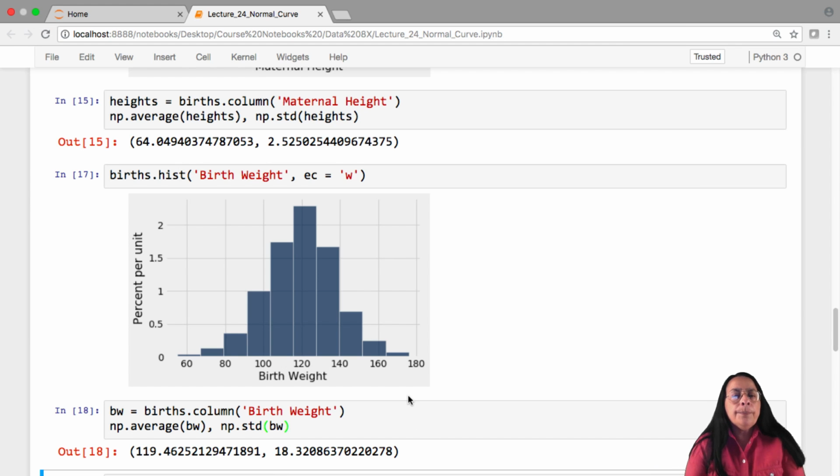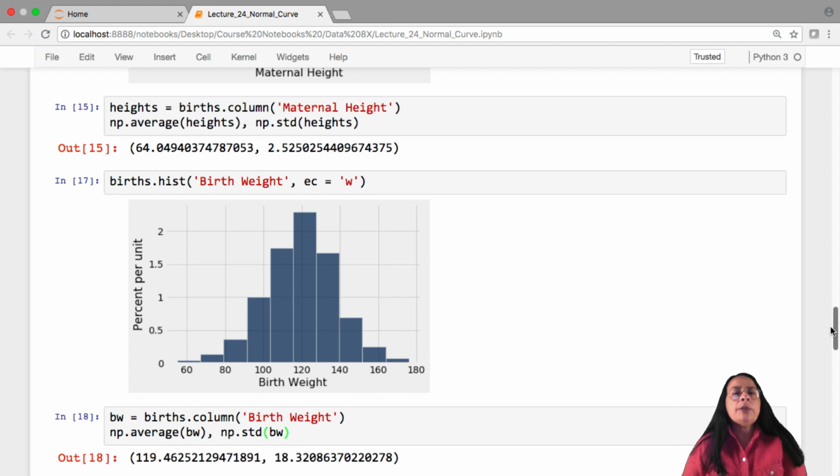So based on the histogram and with the sizes of the bins, we couldn't see the SD exactly, but we had some sense. The standard deviation and the normal curve have a much closer connection as well, and we'll come to that after we have first defined the normal curve precisely.